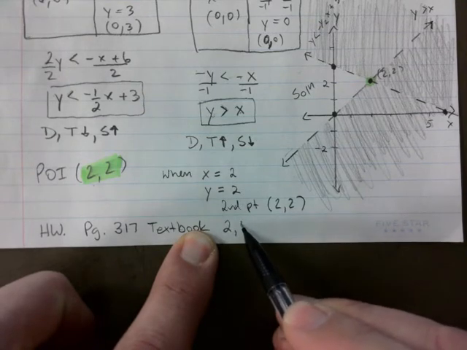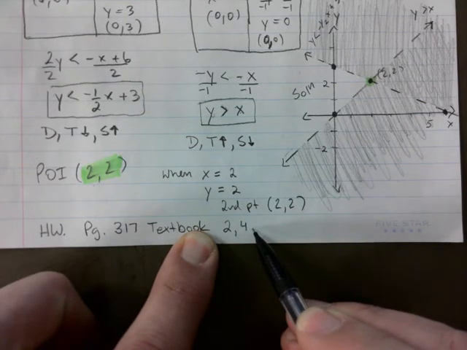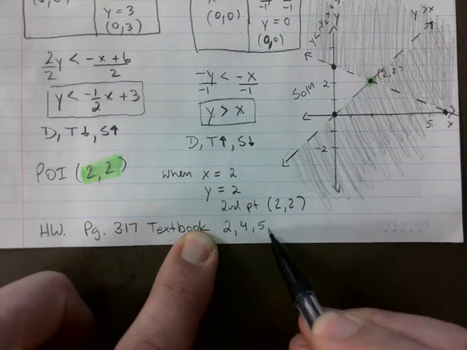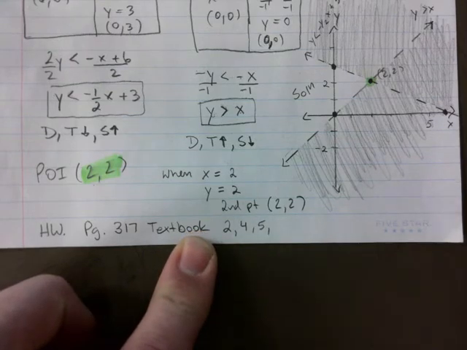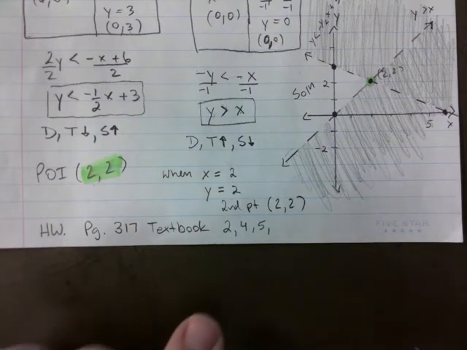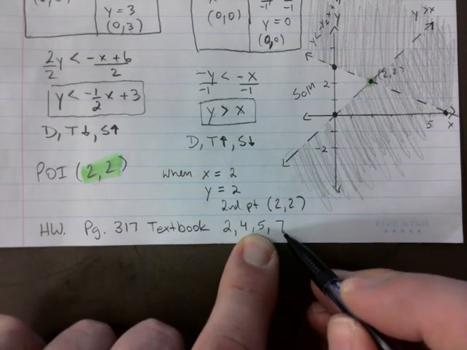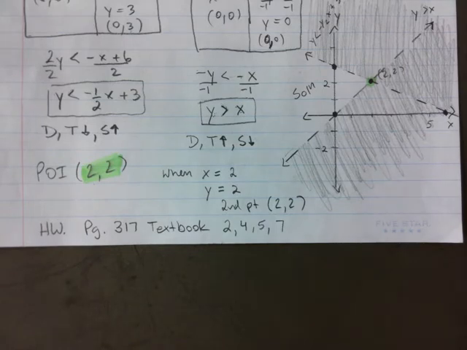So 2, 4, 5, and 7. I looked at the answer key. The book is confusing at best when it comes to the answer key. So I will make an answer key today and post it.